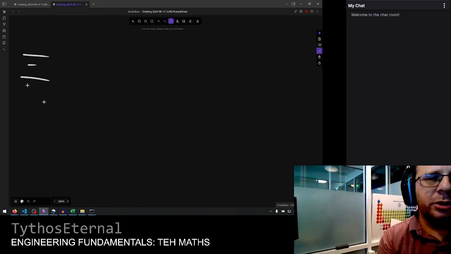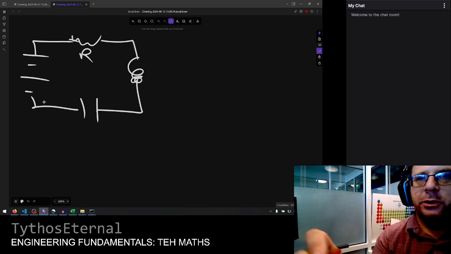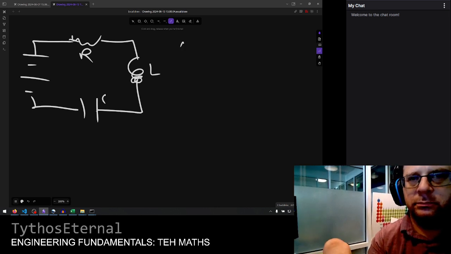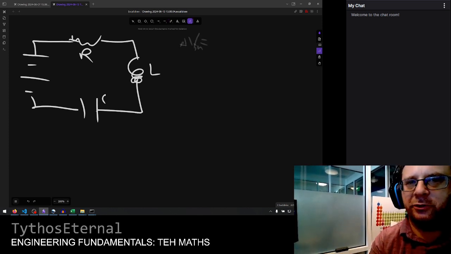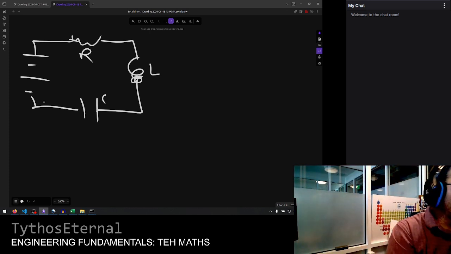Okay, let's go back to our original RLC, right? This is going to be the sloppiest RLC circuit you will ever see. I'm going to mess this up because I'm trying to do it so fast. I might just pull out the example from the worksheet I was doing before for reference.